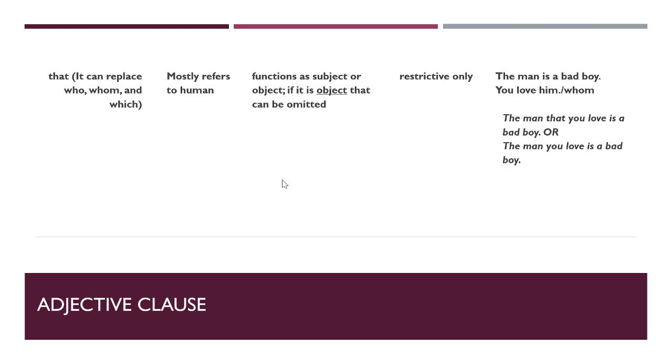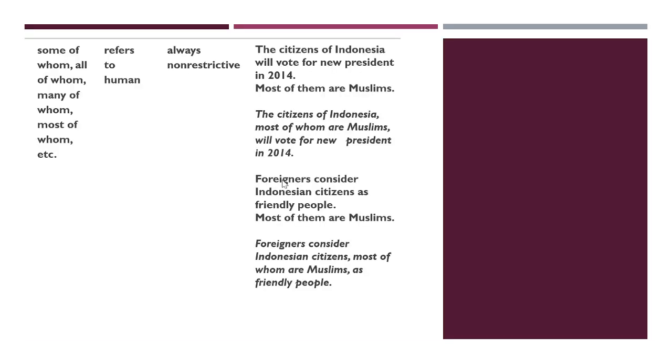It is simpler. And then the next one: some of whom, all of whom, many of whom, most of whom, and so on. Those refer to human, and those are always non-restrictive. The citizens of Indonesia will vote for new president in 2014. Most of them are Muslim.